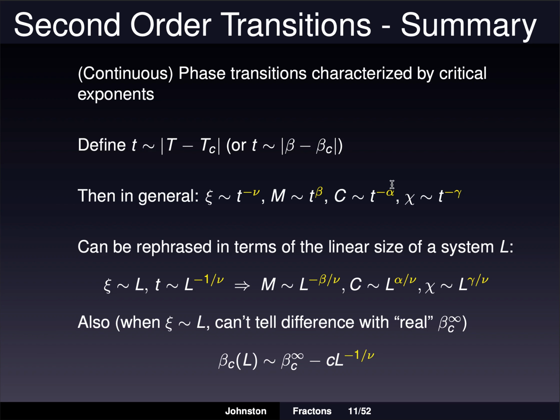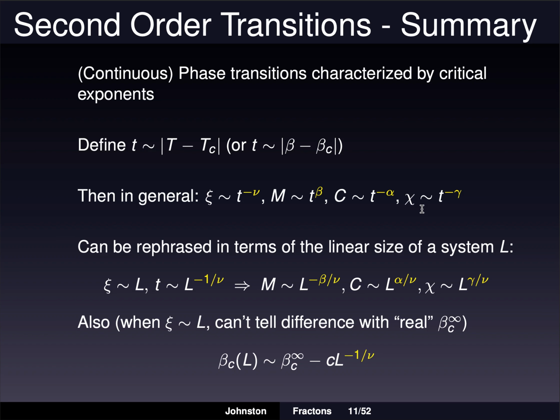If you're doing a computer simulation, you don't have the luxury of an infinite size system in order to find out what these divergences look like. In fact, you don't have divergences at all. You'll get peaks in things like the specific heat or the susceptibility, but they won't be infinite peaks because you've got a finite size system. Computers aren't very good at doing infinity.